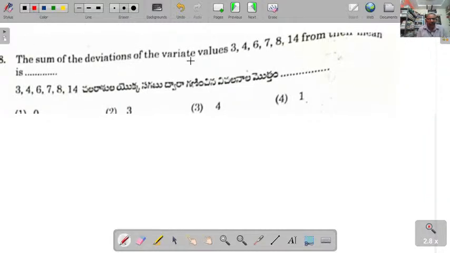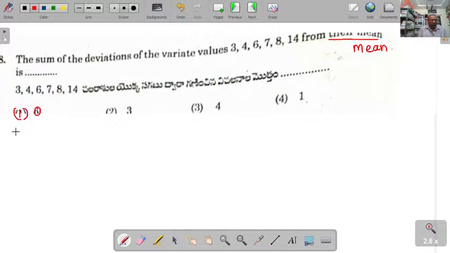The sum of the deviations of the variate values 3, 4, 6, 7, 8, 14 from its mean. The first option is 0.